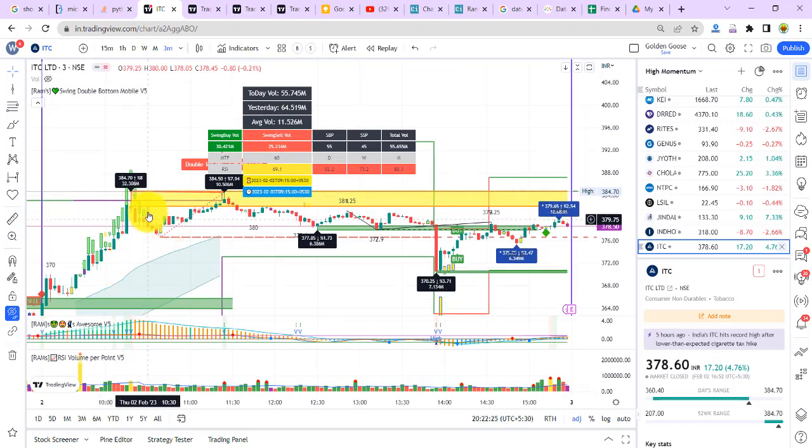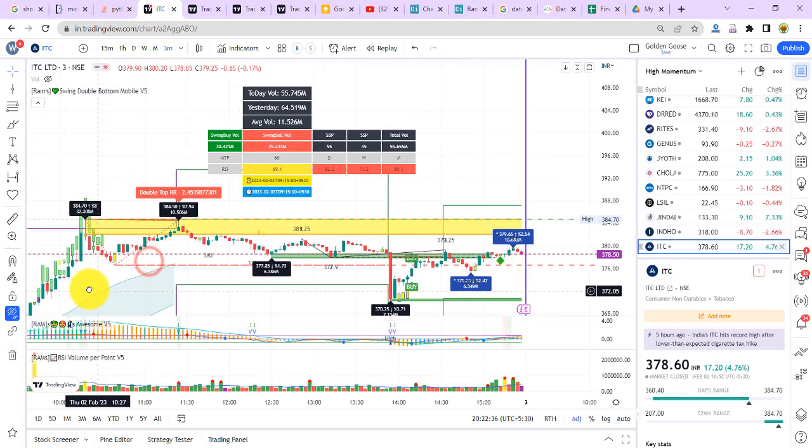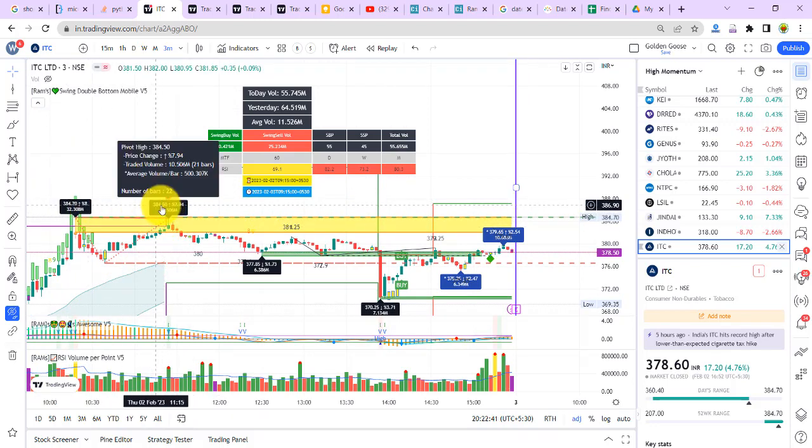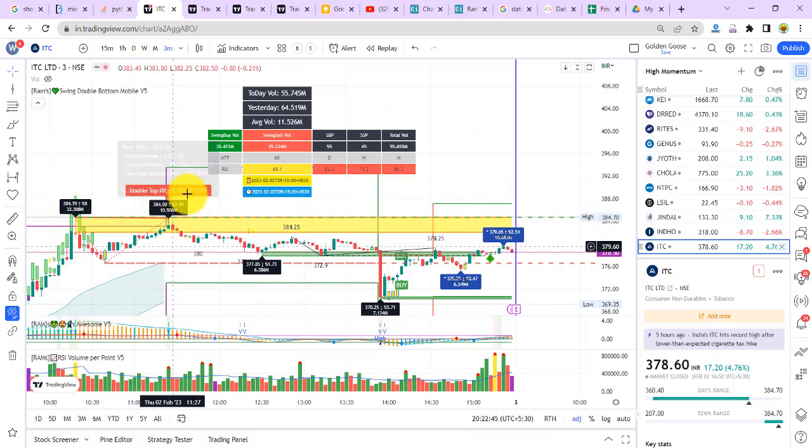And here the grid zone has disappeared, so from here onwards we must be cautious whether we can exit here, but it got a support from here, then it moved up, then a double top is created approximately at the same price here. Now this is the point where we should exit. Here the resistance is created, then here we can exit, that is at 380 we should exit.